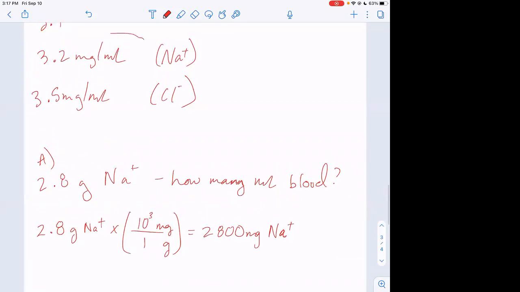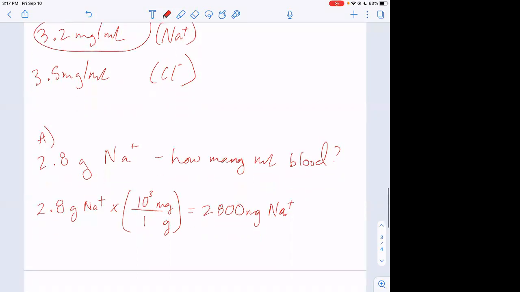So I'm going to take this relationship up at the top here, cancel milligrams and convert to milliliters of blood. You can write blood there with milliliter if you want. I love to write those descriptive words in. It helps me keep things straight and remember that I'm canceling the right stuff.